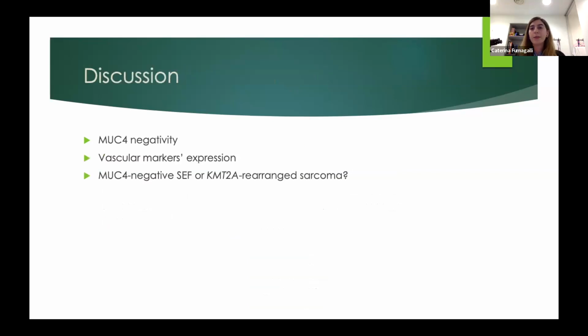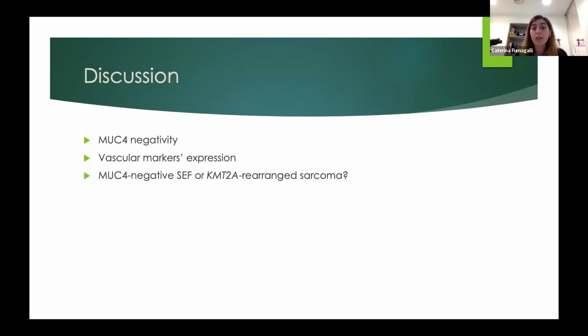So making this presentation and studying this series, I came out with some themes that I think would be interesting for discussion. First of all, why there is MUC4 negativity and why there is vascular marker expression. And finally, how should we call them, a MUC4 negative CEF or KMT2A rearranged sarcoma or something else?